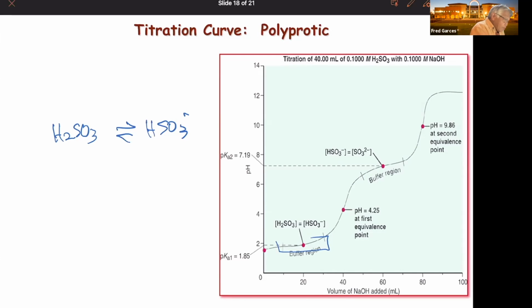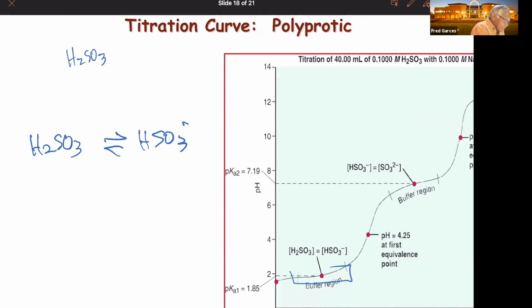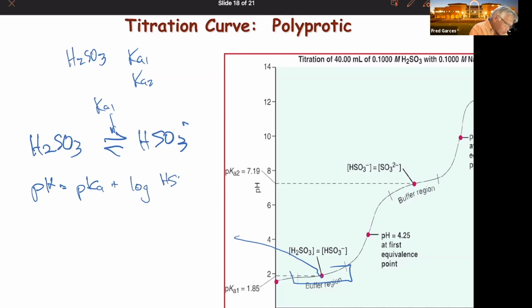Remember, H2SO3 has a Ka1 and a Ka2. This is your Ka1 situation because it's the first hydrogen that comes off. So the pH at the halfway point is going to be equal to the pKa1 plus the log of your HSO3 minus over H2SO3, the base over the acid, just because they're conjugate pairs. Okay, so that is what happens.